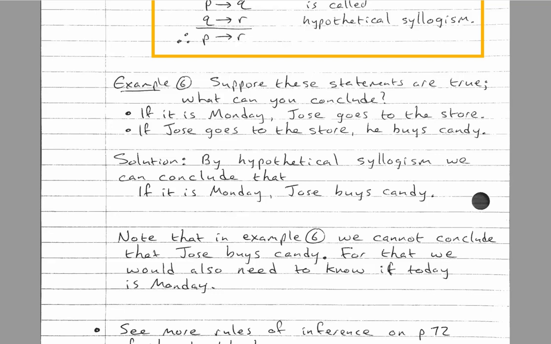Although, we have to be careful. So this is our conclusion. Can we conclude that Jose buys candy? No. We need to know what day it was. It would need to be Monday.